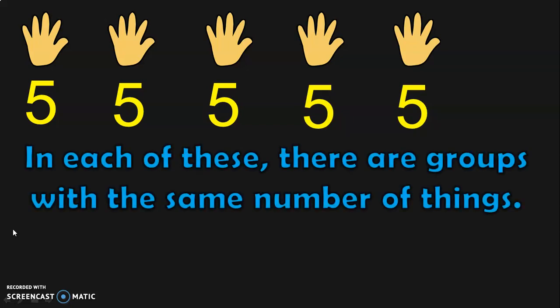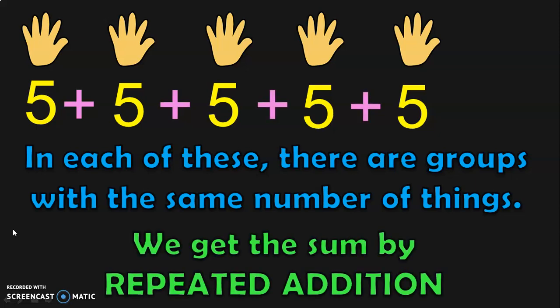So, in each of the examples that we saw, there are groups with the same number of things. How do we find the total in such a case? 5 plus 5 plus 5 plus 5 plus 5 is equal to what? And what did we do here? We are doing repeated addition.